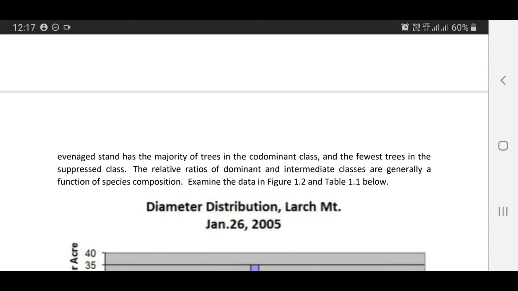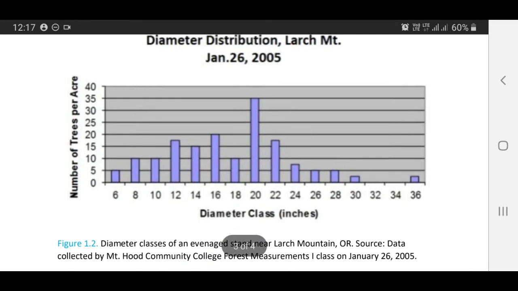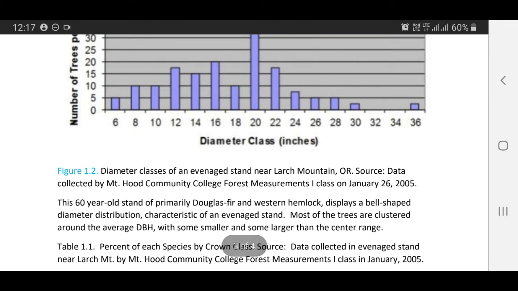Examine the data in figure 1.2 and table 1.1 below. You see the number of trees per acre ranges from 0 to 40 and diameter classes 6 to 36. Diameter classes of an even age tree stand near Larch Mountain. Source: data collected by Mount Hood Community College Forest Measurement class, January 26, 2005.